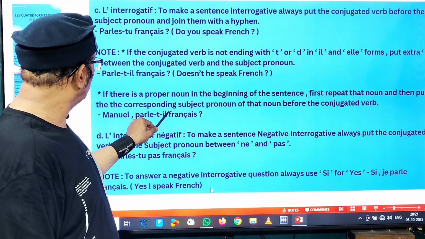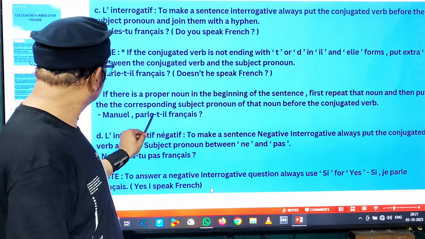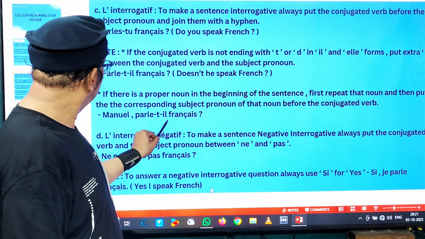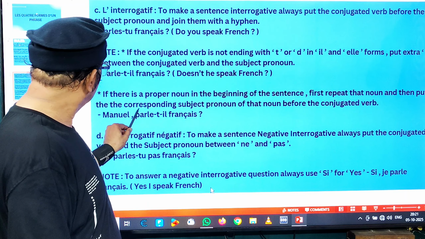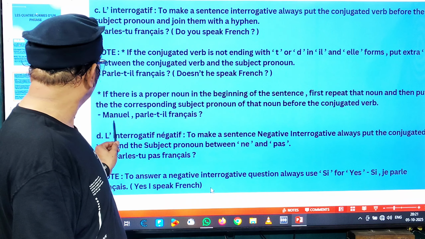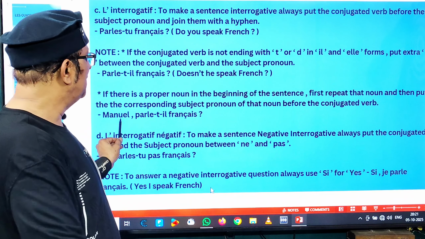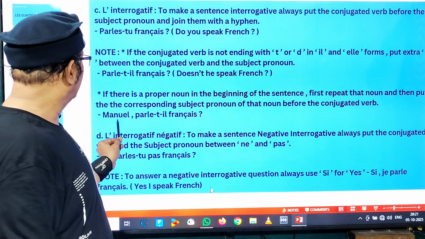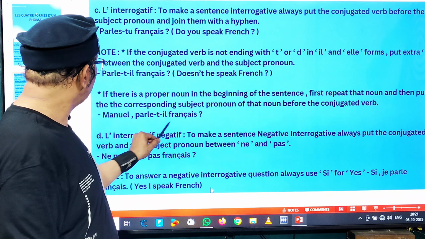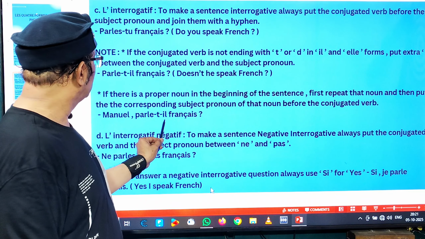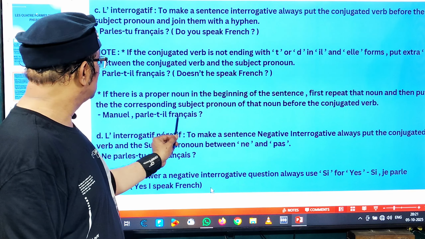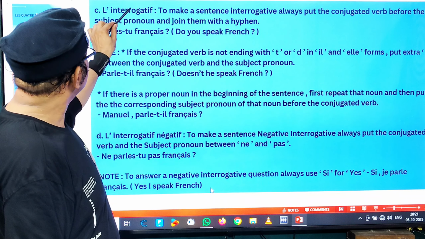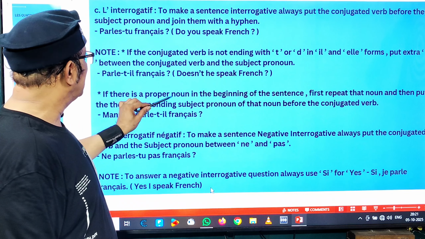Now you just invert the conjugated verb and the subject pronoun. You put the conjugated verb before the subject pronoun. First repeat the proper noun, and then parle-t-il français? Manuel, parle-t-il français? Manuel, does he speak French? Like this, you can convert a sentence to interrogative form.